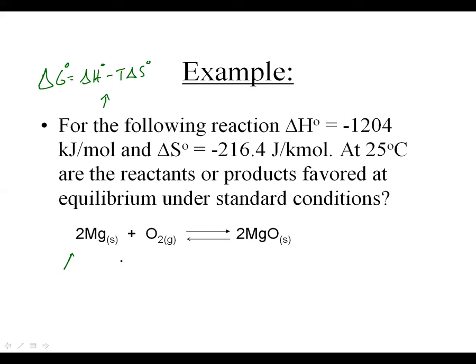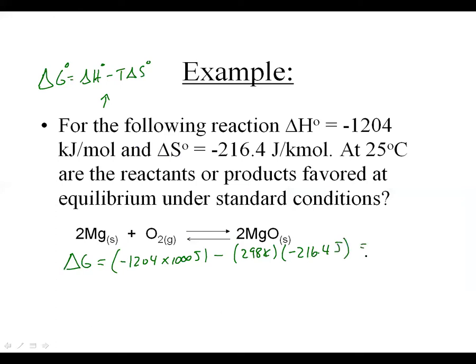I'm going to take my delta H and multiply it by 1,000 and convert it. Again, you can leave it in kilojoules; you just need to convert the other one to kilojoules. We're going to convert our temperature into Kelvin, right? So that's 298. And I'm going to leave this in joules because I took care of the conversion on the other end.